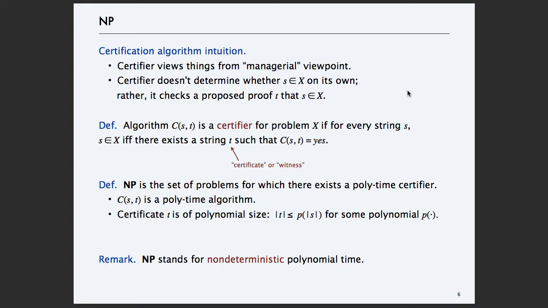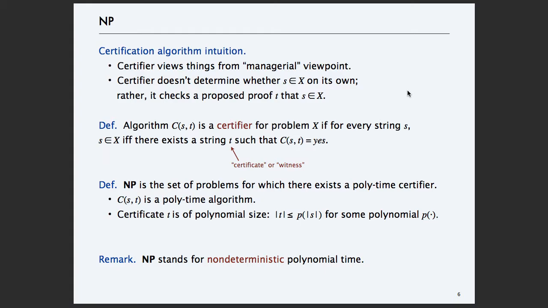Basically, somebody is going to give you the solution. And so now your algorithm is simpler. C of S, T is a certifier for a problem X if for every string S, S being in the problem means that there is a string T such that certifying with S and T will yield yes.